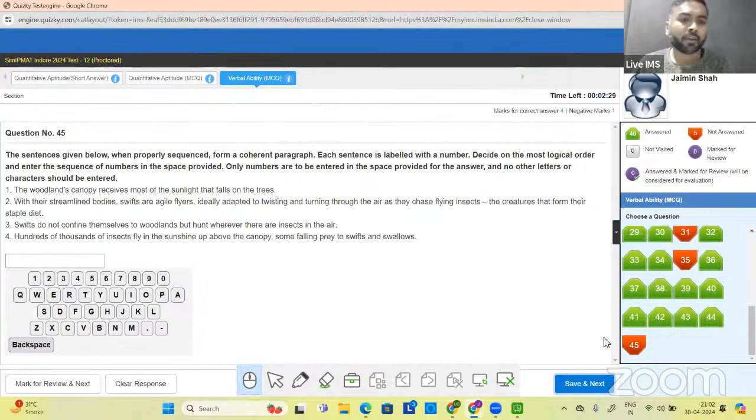Swifts do not confine themselves to woodlands but hunt wherever there are insects in the air. Hundreds of thousands of insects fly in the sunshine above the canopy, falling prey to swifts and followers. The woodland canopy receives most of the sunlight that falls on the trees, so this has to be the starting point.